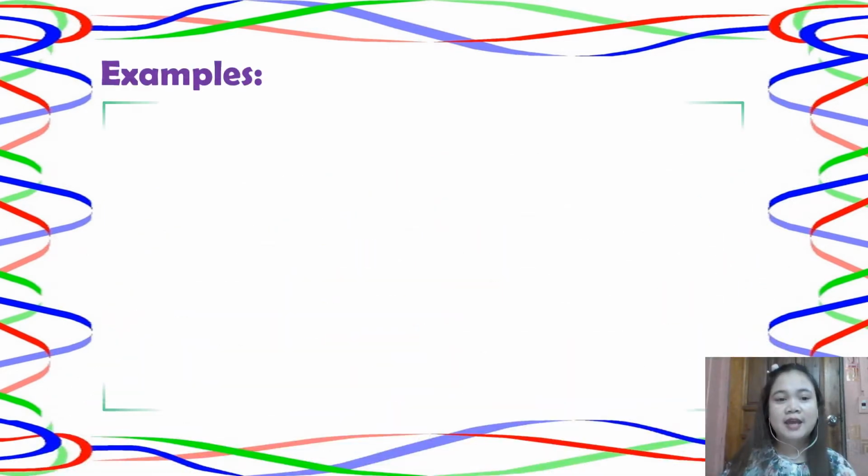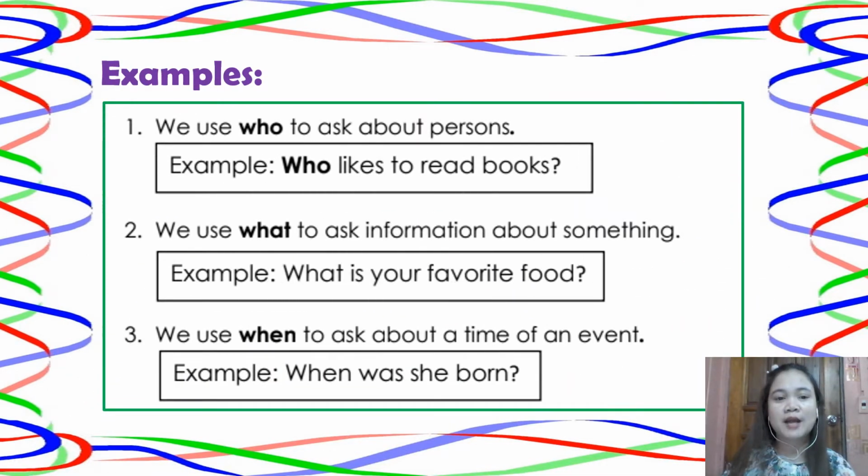Okay, I have here examples. Number 1, we use who to ask about persons. Example, who likes to read books? Let's try to use this in the Three Little Pigs story. In the Three Little Pigs story, you can also ask, who are the characters in the story?